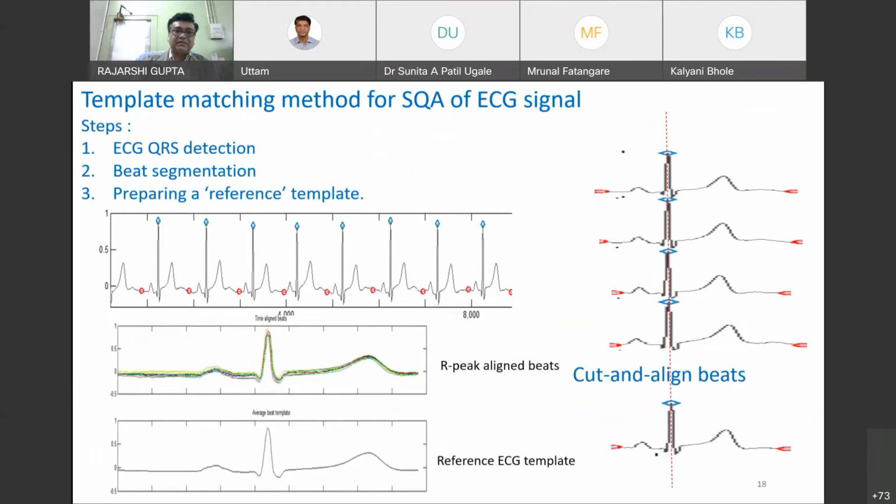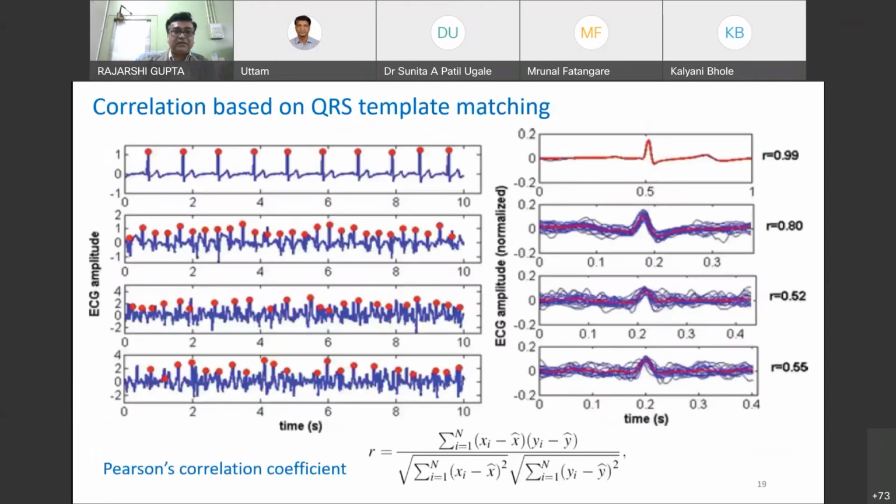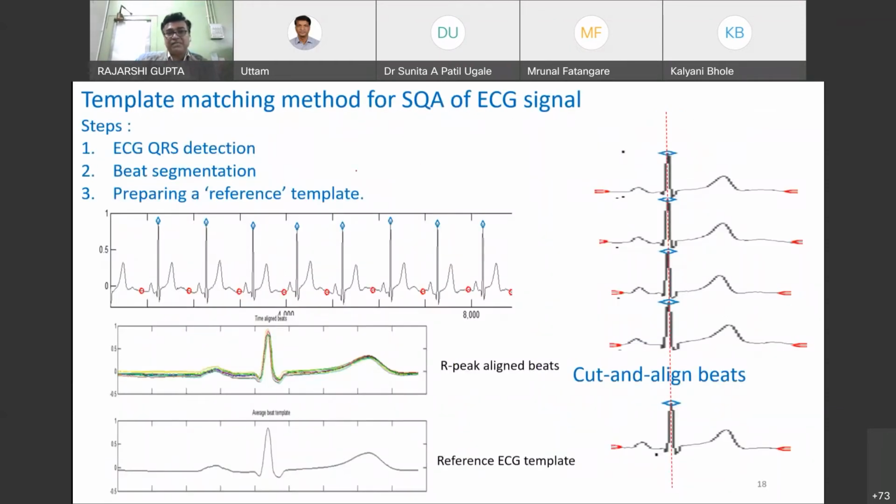The second is basically an extension of the beat segmentation approach I have shown here. If we take this sequence of beats, you extract the beats and then align them with respect to the R peak. Here around 60 R-peak aligned beats are shown, and you have this reference ECG template.